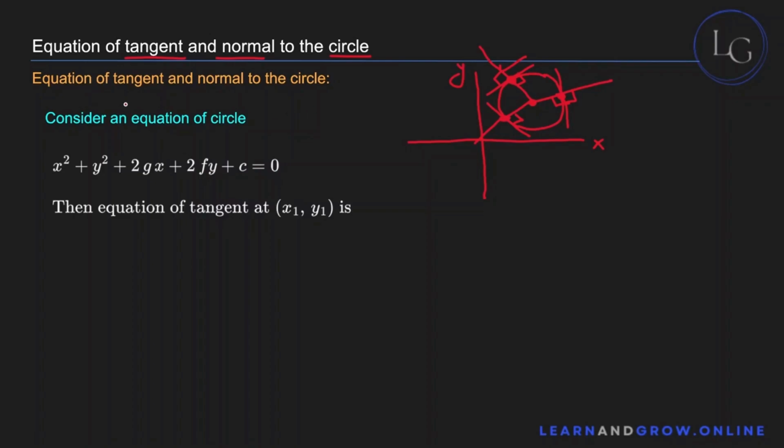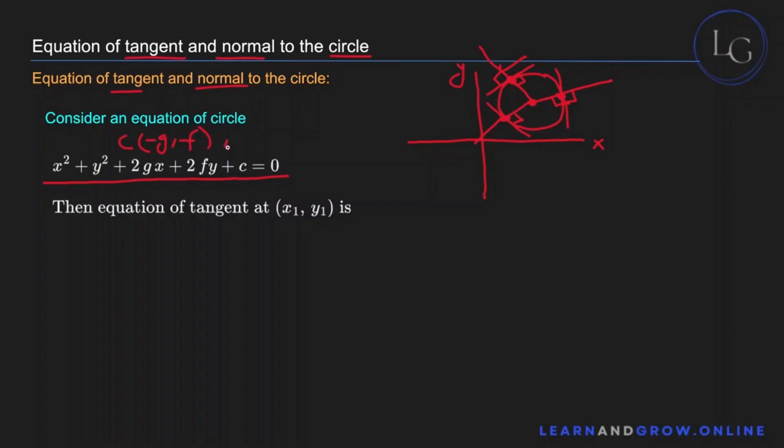So now that you've covered what the tangent and the normal to the circle are, let's see how you can find the equations for the normals and the tangents. So this is the equation of a circle, with its center at (-g, -f).